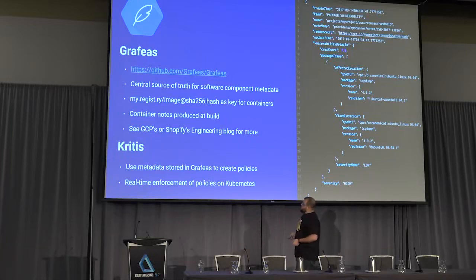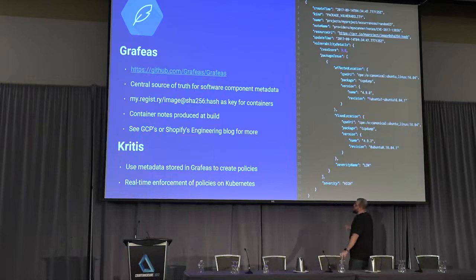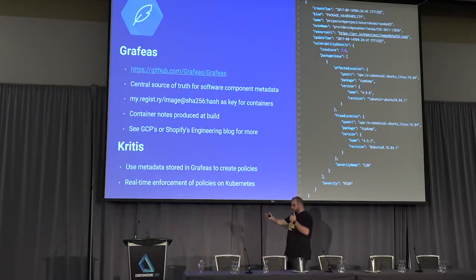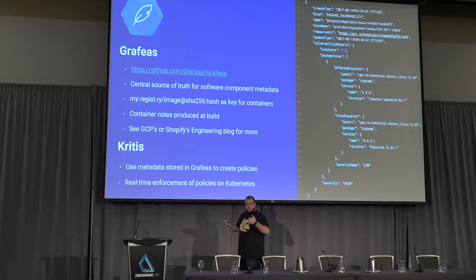And it's done by a key, so you have your registry, or gcr.io, or your Docker Hub image.sha256. So we have this digest of this container. That means this is a unique container. And then we can provide a list of things like what packages are installed and push this up to a central metadata server. This is Grafeas.